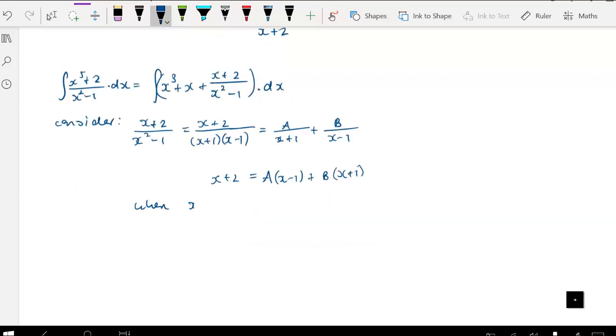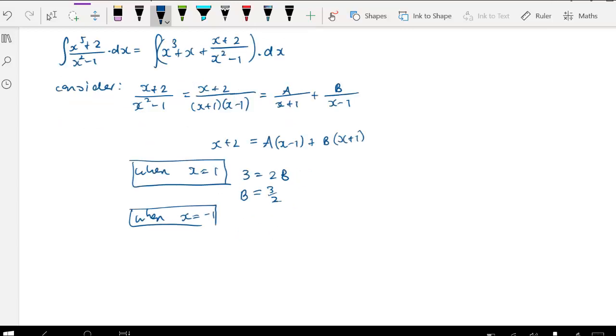So when x is equal to 1, we've got 3 is equal to 2b, and therefore b is equal to 3 on 2. So when x is equal to negative 1, we've got negative 1 plus 2, which is 1, is equal to negative 2a and 0b. So a will be negative 1 on 2.